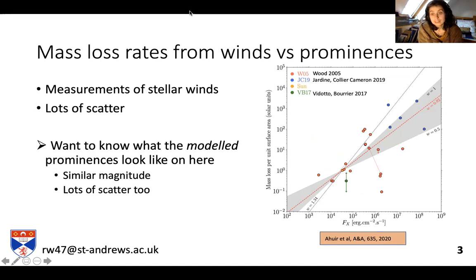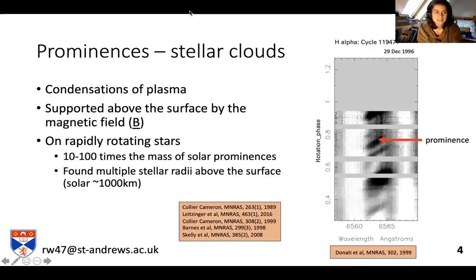And whilst there is a correlation, there is quite a large amount of scatter. What I want to know is, using our models of prominences, what would the prominence mass loss rates look like? And as I've already kind of showed you, the answer is that they're similar in magnitude, and we also have a lot of scatter.